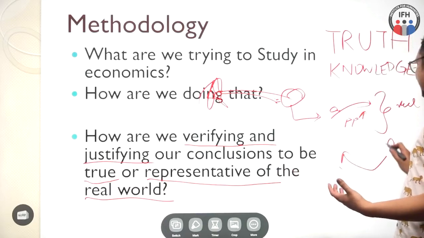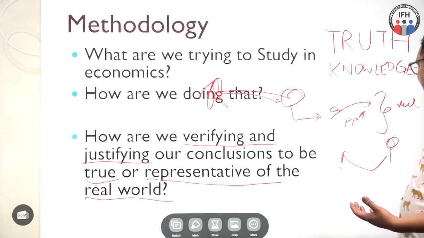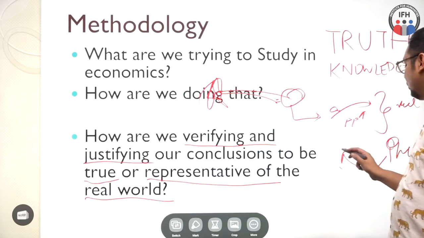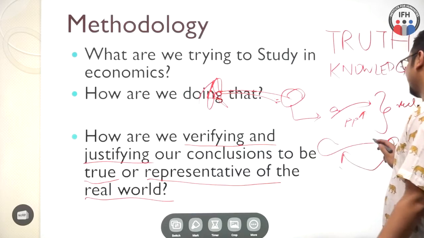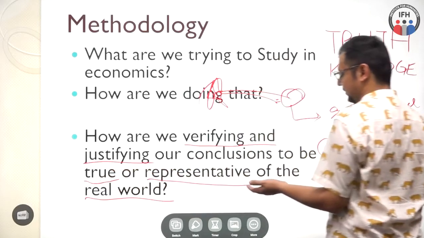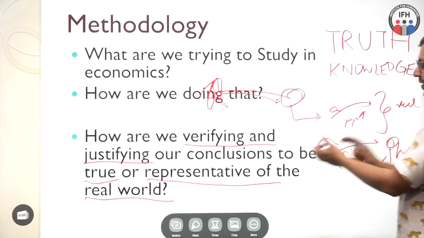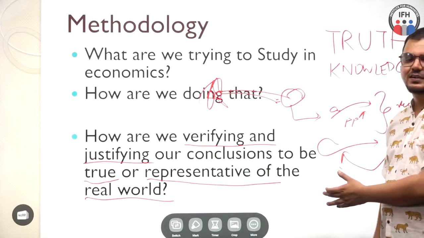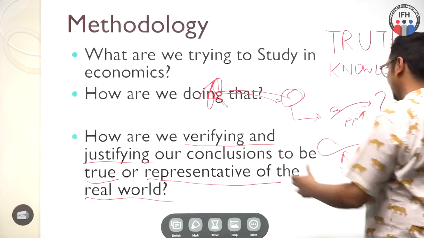Some phenomenon is occurring in the real world, right? And how good are our explanations of the causes of this phenomenon? Then we get more to truth than representation. When we are predicting, more often than not, we are talking about how representative it is of the real world. Or even in causality, it can work both ways.